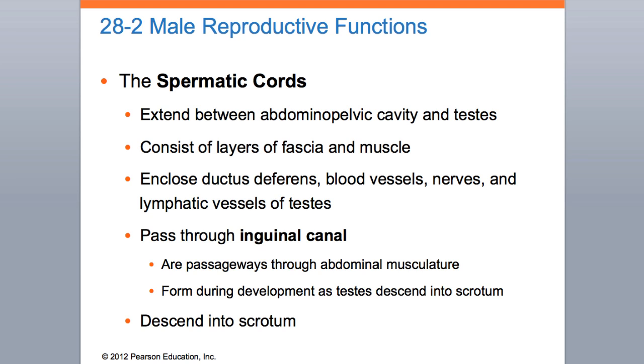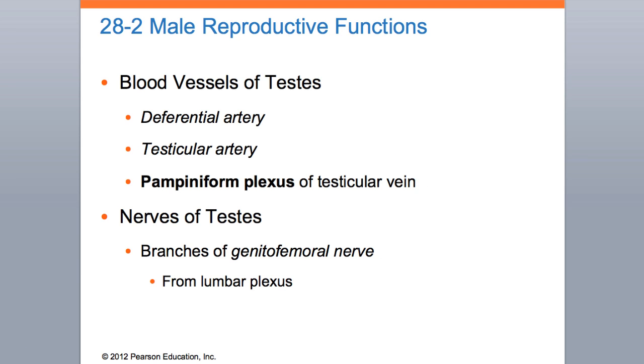Okay, next slide. Now we talk about the blood vessels. So we have these blood vessels listed along with the nerves. Now, this pampiniform plexus is an important term to keep in mind because it deals with the movement of blood flow very similar to the counter-exchange system that you saw in the urinary system. What it does in this case is it moves the hot blood, basically, and cools your testes.